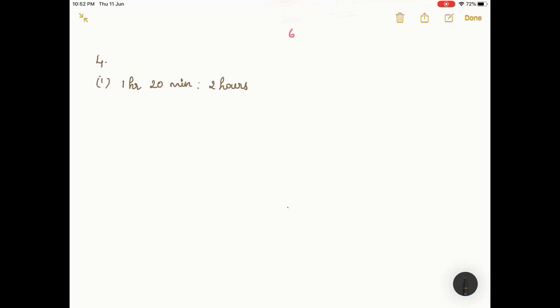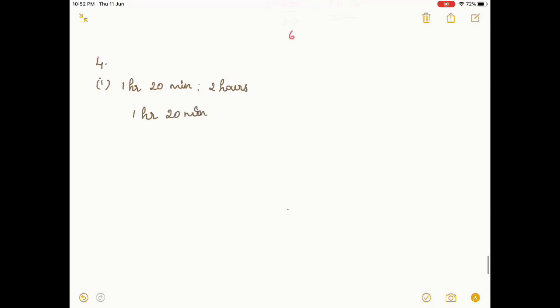Okay, that will be easier for us to do. So 1 hour 20 minutes: 1 hour is 60 minutes, so 60 plus 20 is equal to 80 minutes. And 2 hours is equal to 2 into 60, that is 120 minutes.